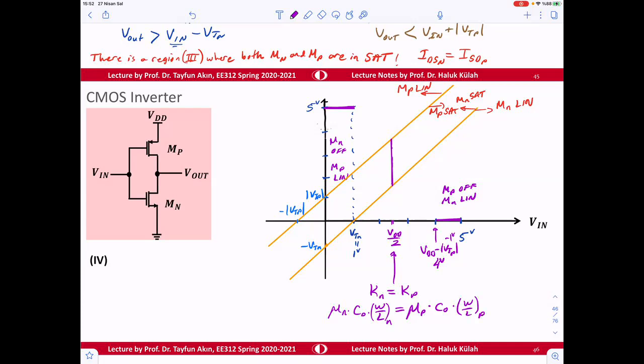For both transistors, this should be the same, so we can cancel this and this.